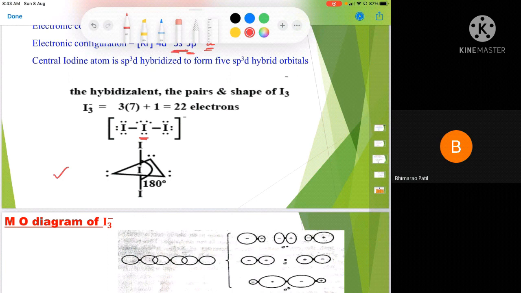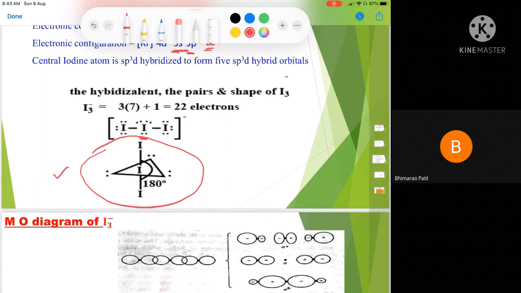Then the axial positions: one lobe is above the plane and one lobe of the other sp3d hybrid orbital is below the plane, and you see that it forms a linear structure, because the lone pairs of electrons are present at each corner of the triangle.